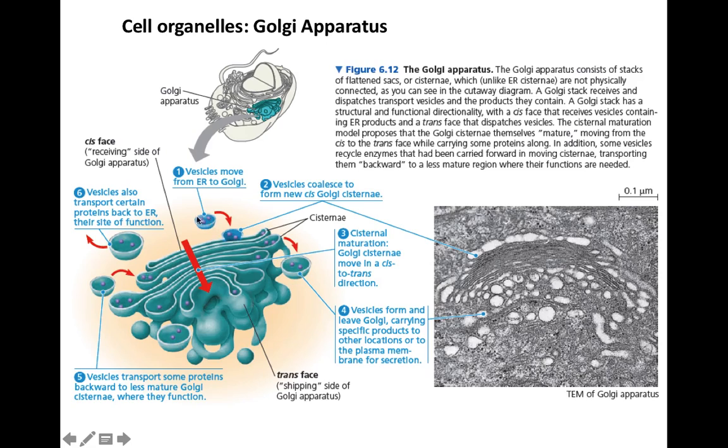When these enzymes get tagged with mannose 6-phosphate, the Golgi apparatus has receptors for mannose 6-phosphate in its membrane. So with the help of mannose 6-phosphate, these enzymes get embedded into the vesicles with the help of receptors. They remain bound to the receptors, and then these vesicles are transported from the Golgi apparatus towards the endosomes. We will study this later.